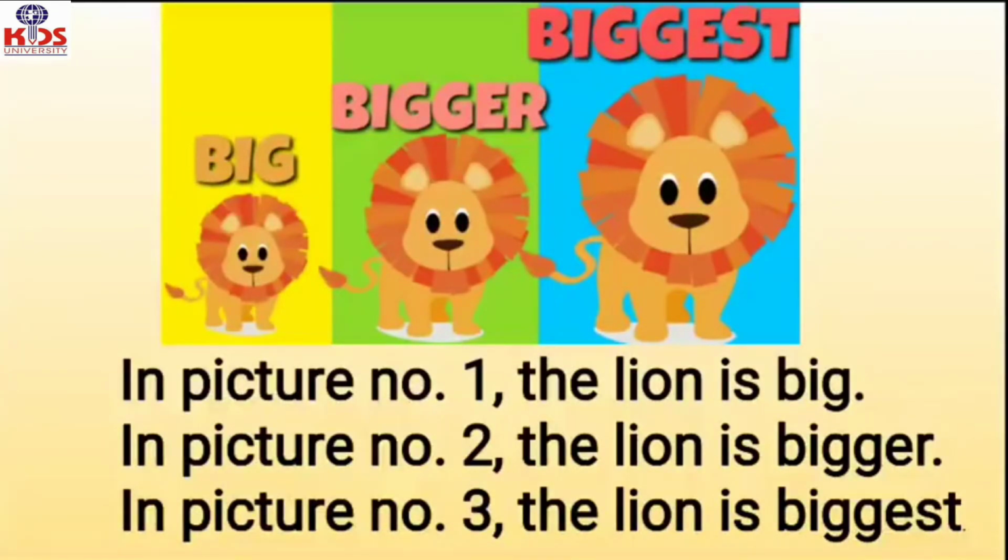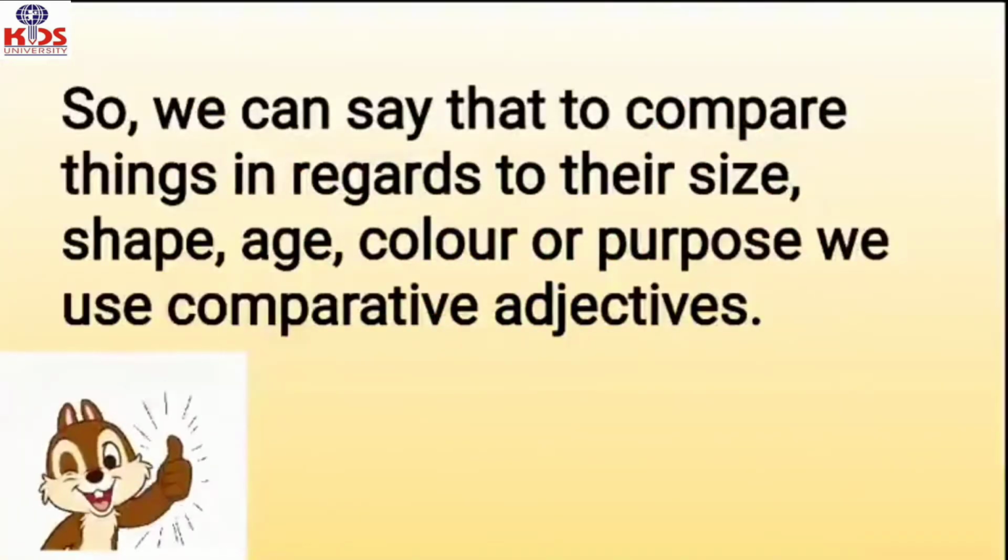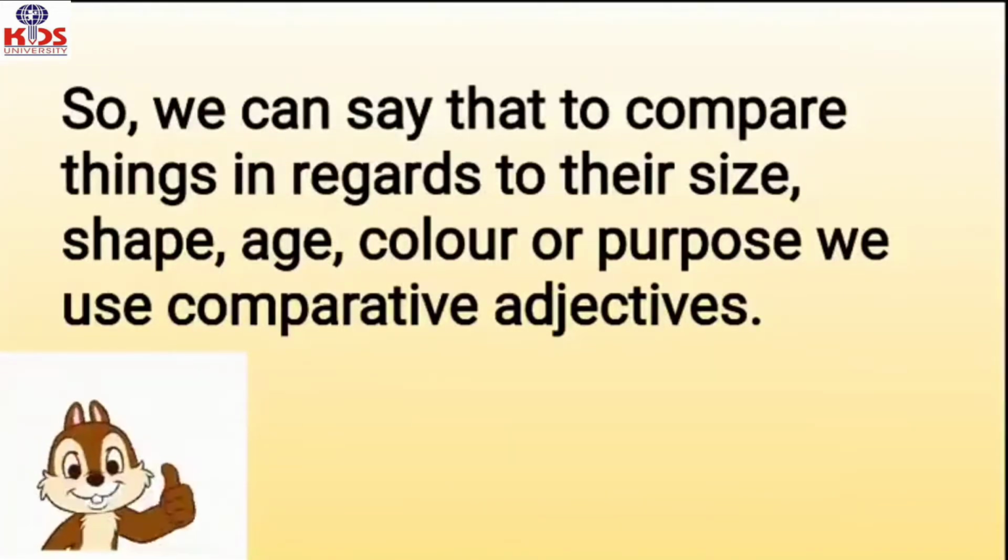In picture number 2, the lion is bigger. And in picture number 3, the lion is biggest. So we can say that to compare things in regards to their size, shape, age, color, or purpose, we use comparative adjectives.